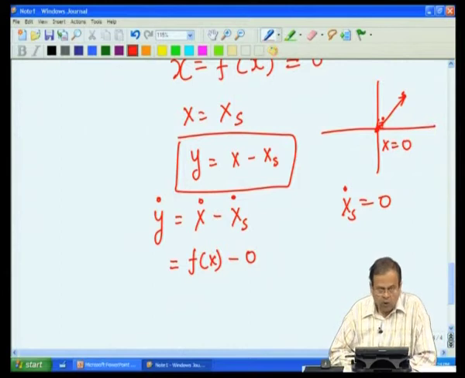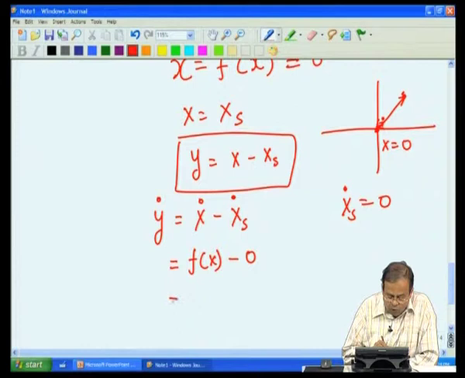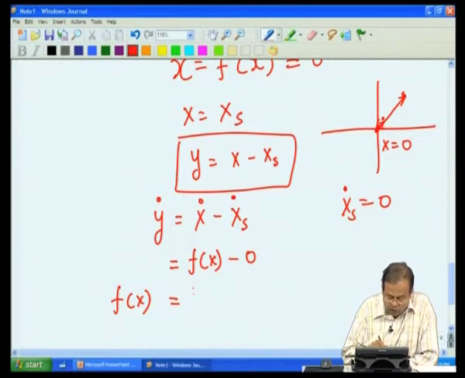Okay. So, what I am going to do now is write f of x in the following manner. I am going to expand using Taylor series expansion around this steady state value x s.